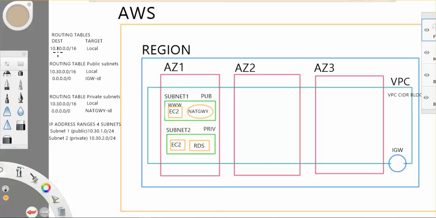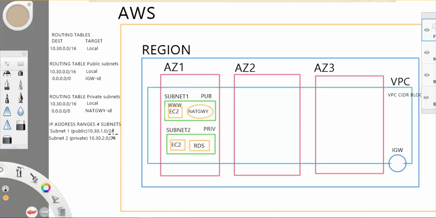Now, something that we can do to differentiate different subnets from each other is by changing simply the third octet here. That's why in this subnet 1, which happens to be a public subnet, I am using the 1.0. Okay, and if you notice, this is a /24.